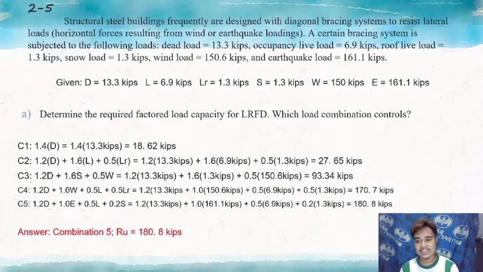For our first question, determine the required factored load capacity for LRFD. Which load combination controls? So we have our combination 1, which is 18.62 kilopascals, combination 2, which is 27.65 kilopascals, combination 3, which has a result of 93.34 kilopascals, combination 4 has 170.7 kilopascals, and combination 5 has 180.8 kilopascals.